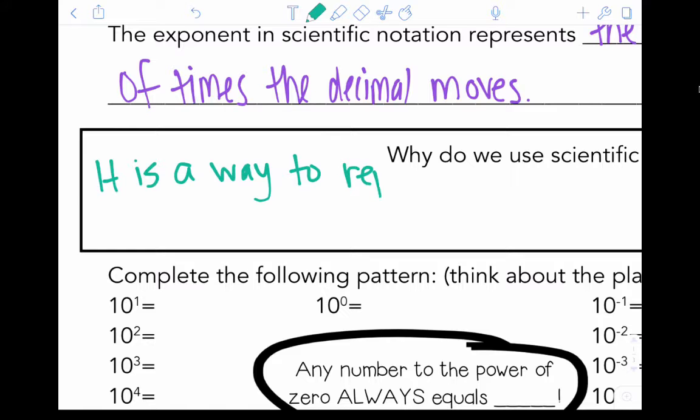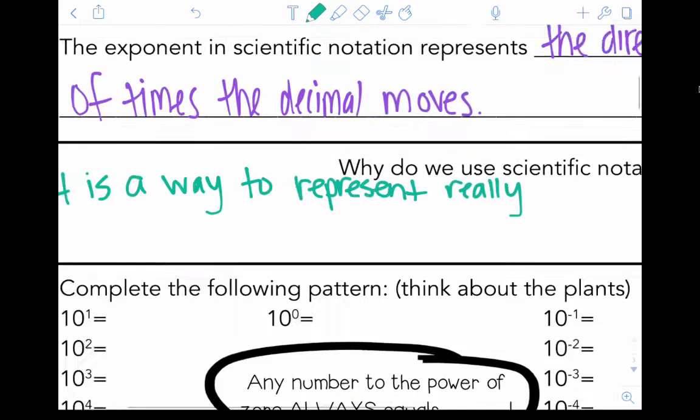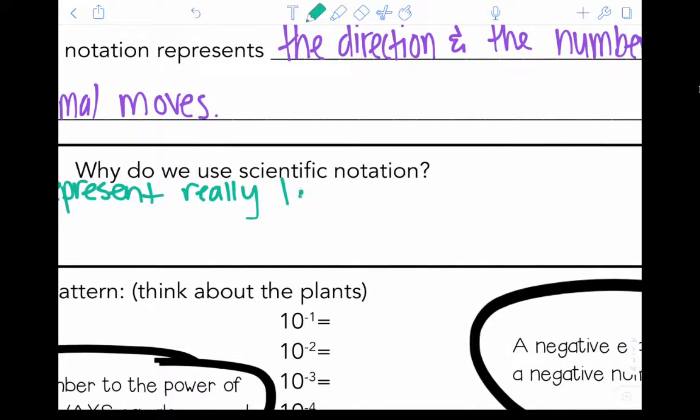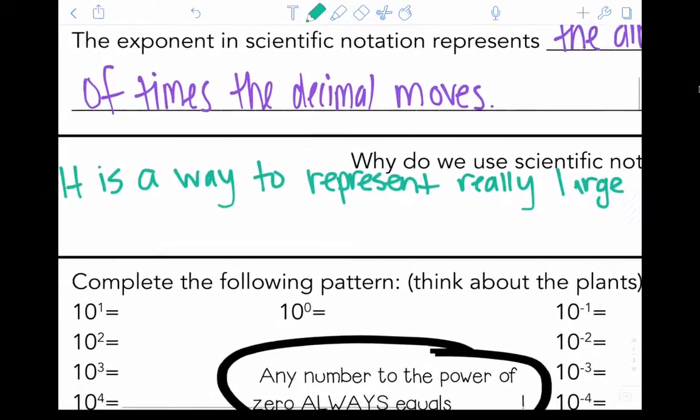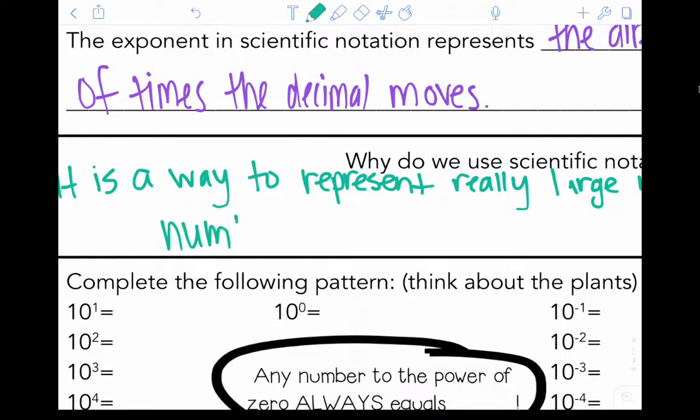So scientific notation is a way to represent really large numbers or really small numbers in a simpler way.